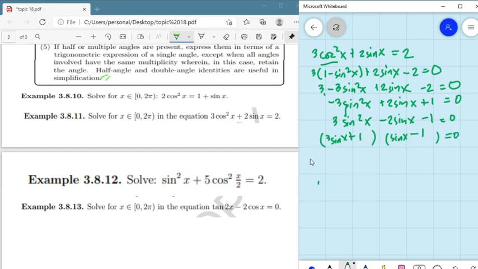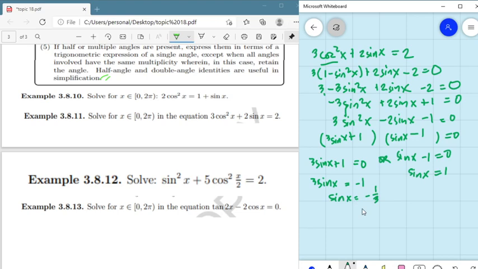Okay, so in this case, we now have 3 sine x plus 1 equals 0, and the other one is sine x minus 1 equals 0. So sine x therefore is positive 1, and in the other, 3 sine x equals negative 1, so therefore sine x equals negative 1 over 3.